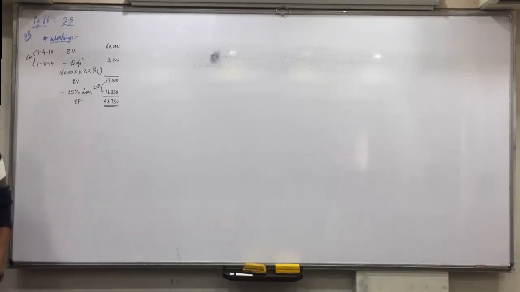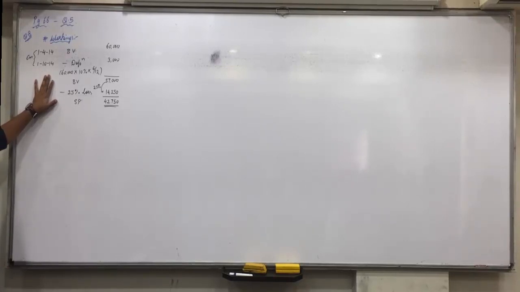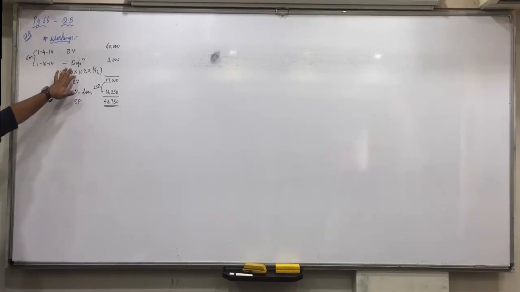Because depreciation can be transferred to P&L account only when we make final accounts at the end of the year. Did you understand this? So on 1/10/14 we will pass only one entry for depreciation: depreciation to machinery. On the same date we'll pass the other entries first. Then at the end of the year we'll transfer the depreciation to P&L.